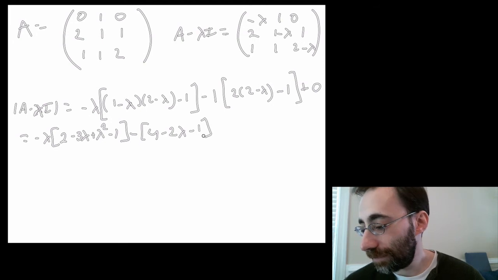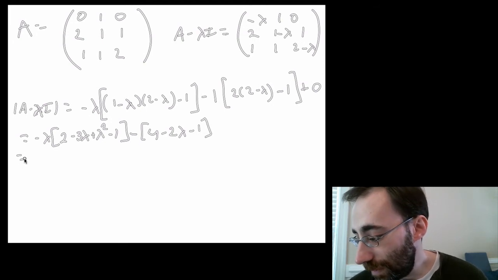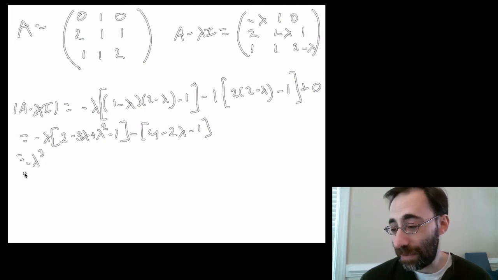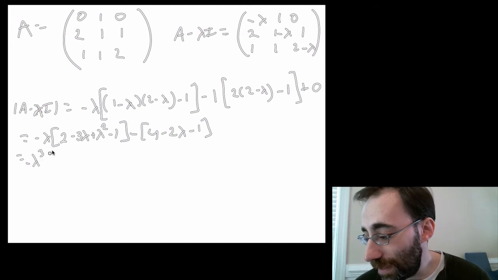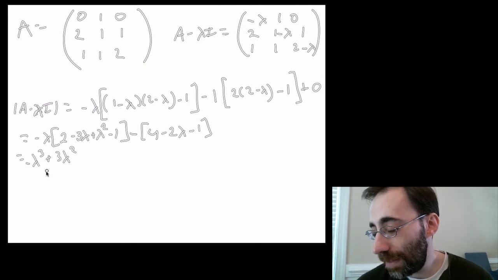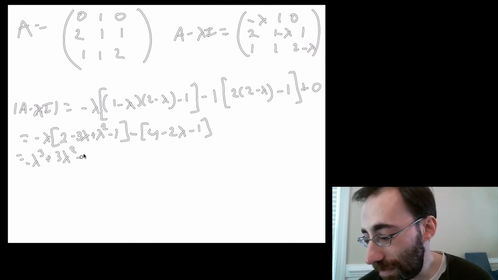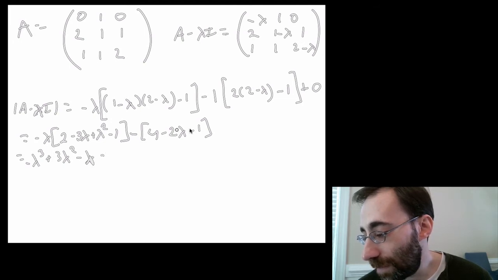minus 1. That's going to equal, let's see, negative lambda cubed, plus 3 lambda squared. 2 minus 1 is 1, so that's minus lambda. Then 4 minus 1 is 3, so that's minus 3. That's plus 2 lambda.